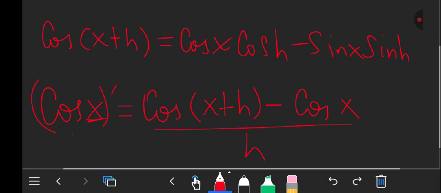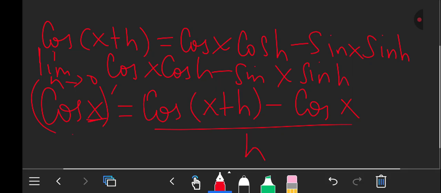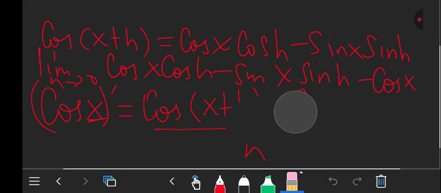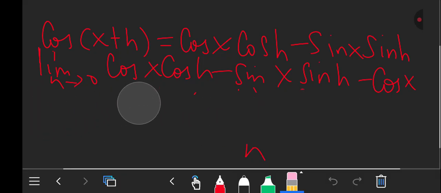So let's do the substitution now. So I'm going to say limit as h approaches 0, then cos x, cos h, minus sin x, sin h, then minus this, minus cos x. Then over h, everything over h.